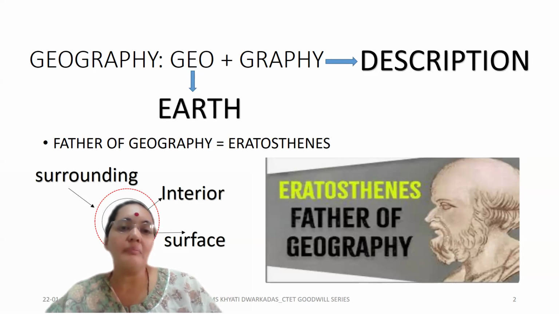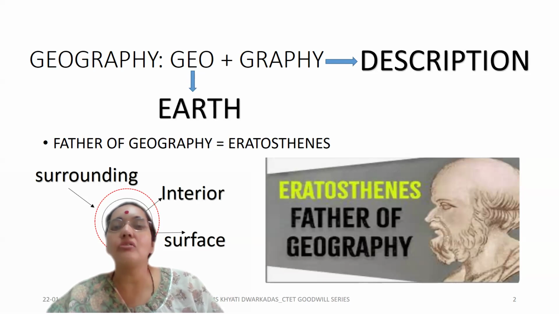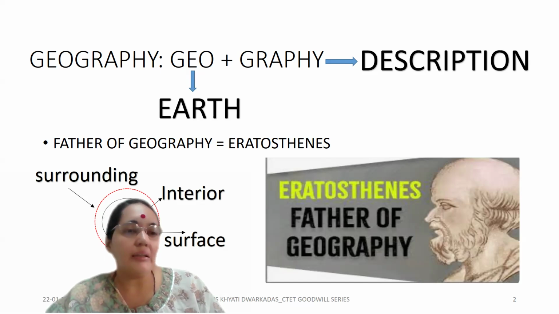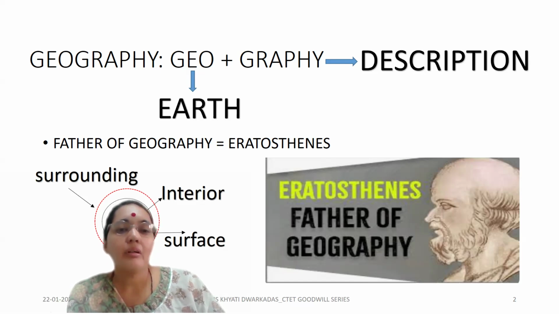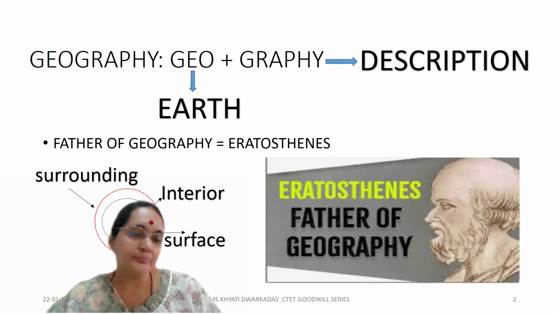Now, just in case you are making notes, I would request you to make notes simultaneously, as otherwise it may become very, very difficult. So geography comes from two words, geo plus graphy, which is a description of the earth.